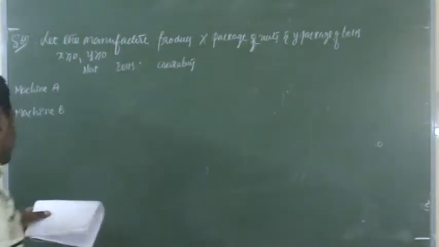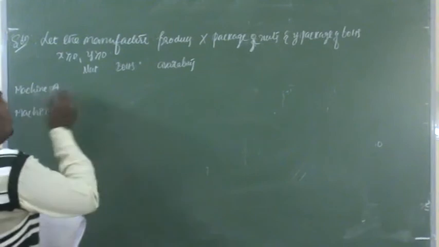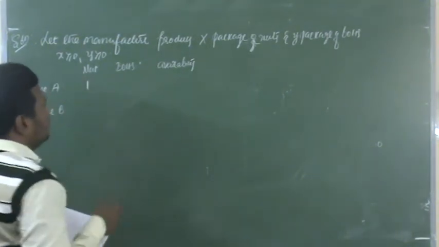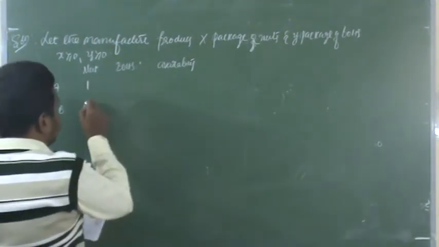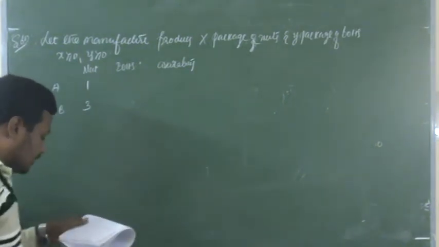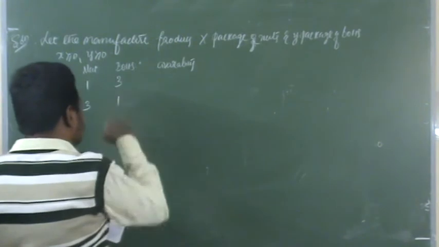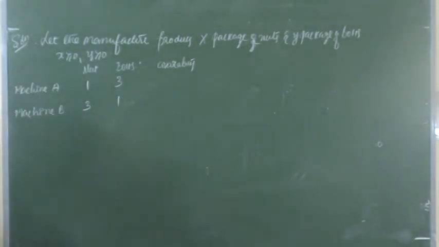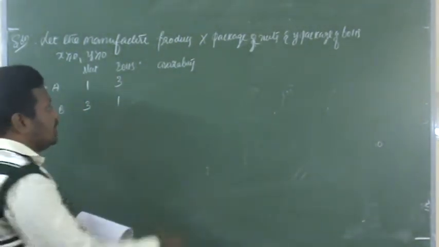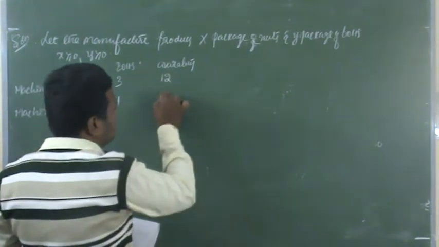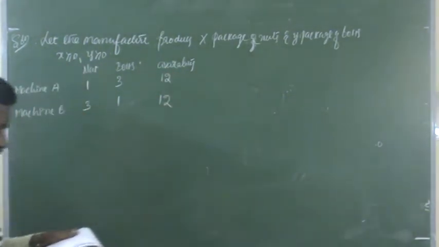To produce the nut, machine A takes 1 hour and machine B takes 3 hours. For the bolt, machine A takes 3 hours and machine B takes 1 hour. The availability of time is at most 12, here also at most 12.